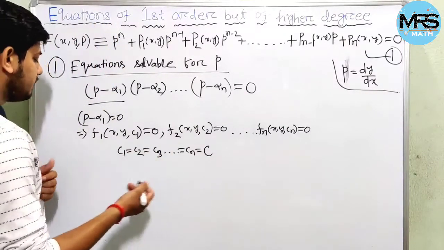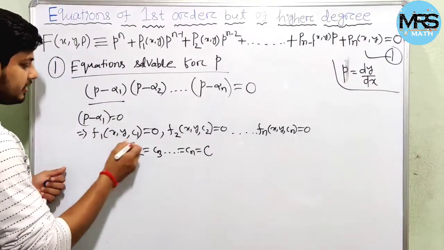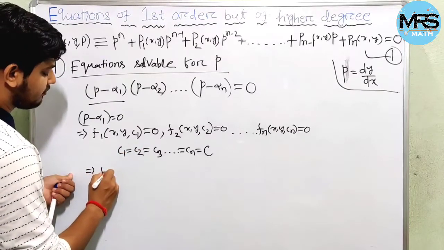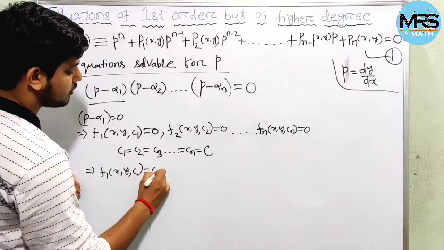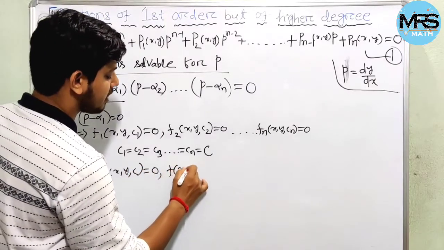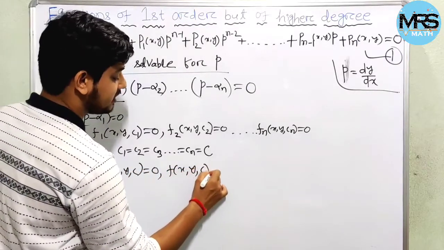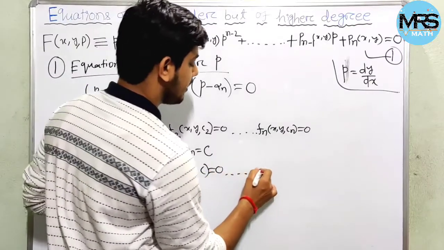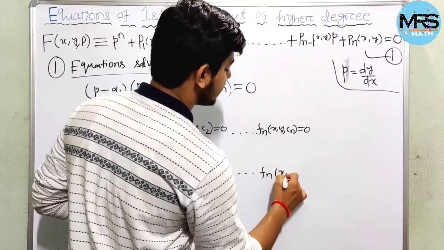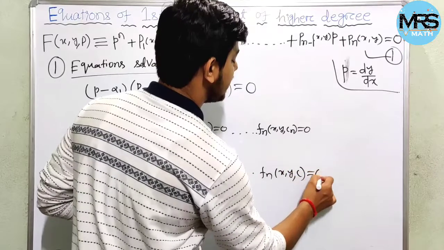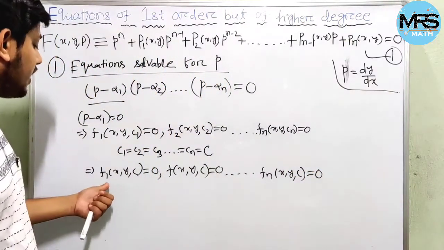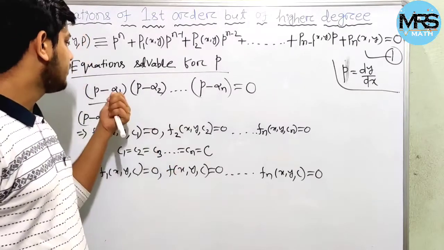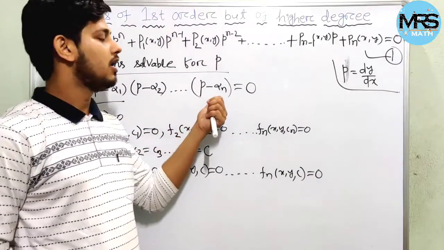So we can write f1 of x comma y comma c equal to 0, f2 of x comma y comma c equal to 0, and similarly fn of x comma y comma c equal to 0. This is the solution for each factor.